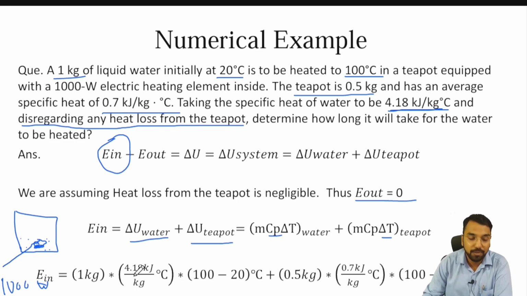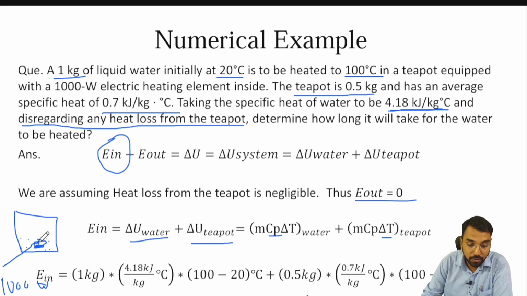If we calculate using the engineering calculator, the total energy in is 362.4 kilojoule. We want to calculate how much time it will take to heat this 20 degrees Celsius water to 100 degrees Celsius.